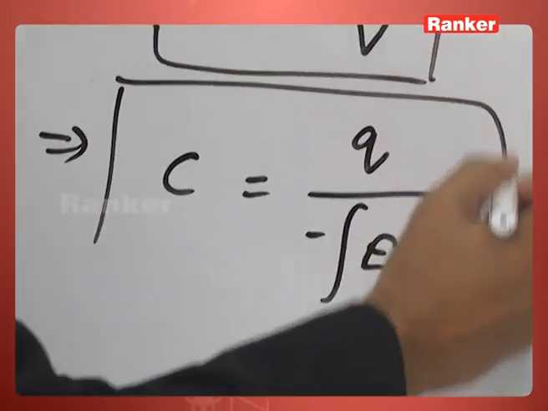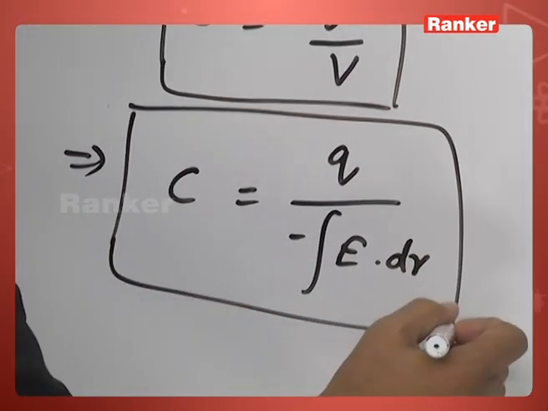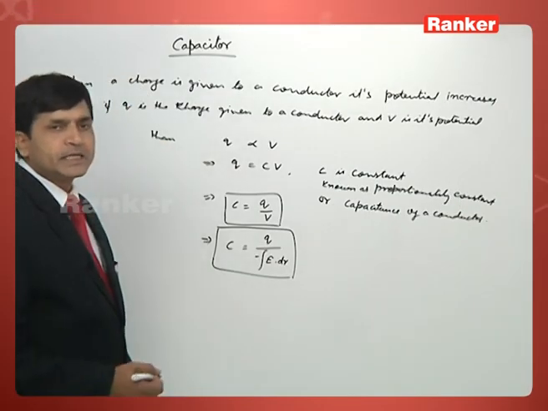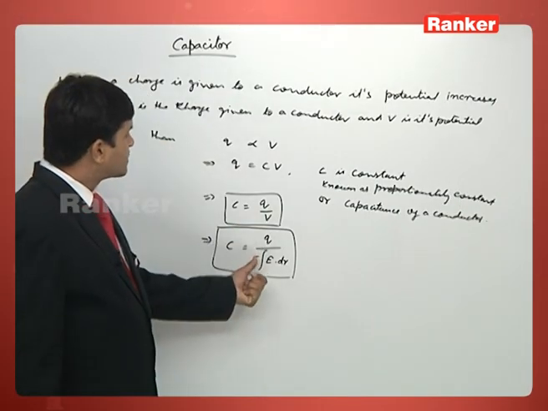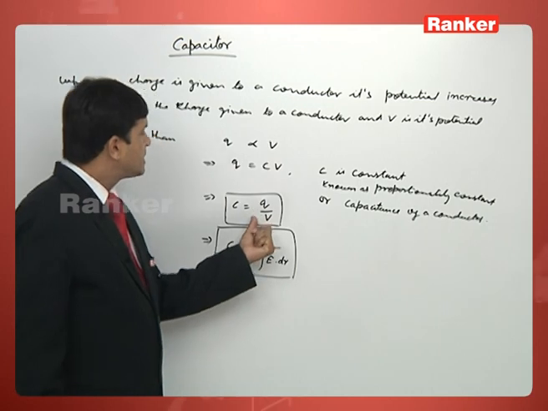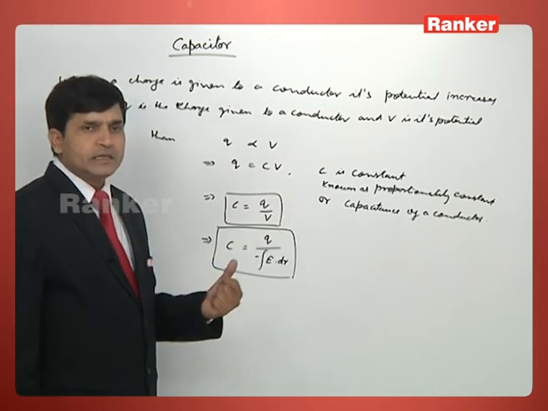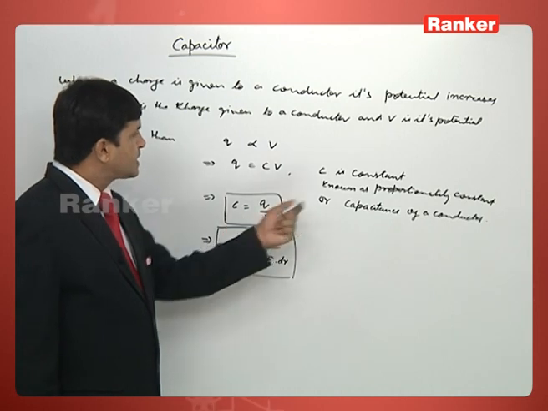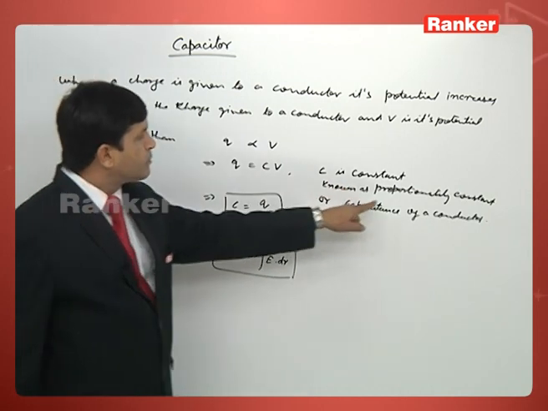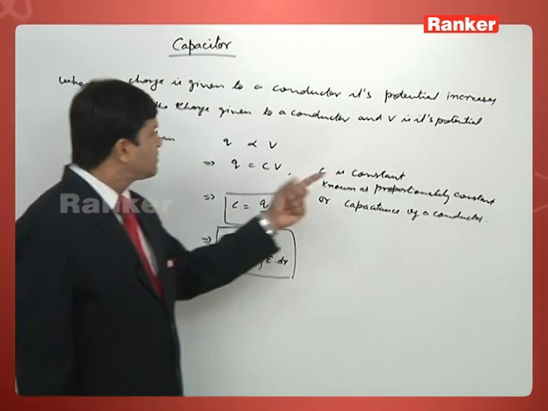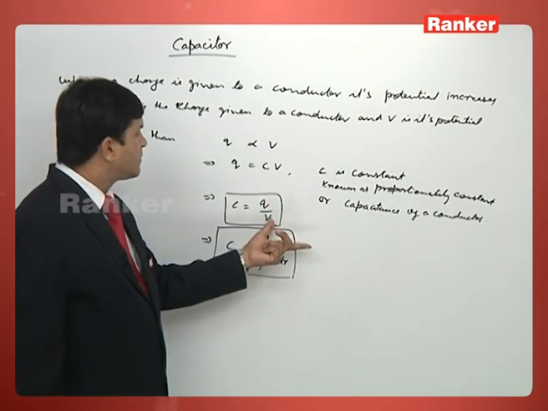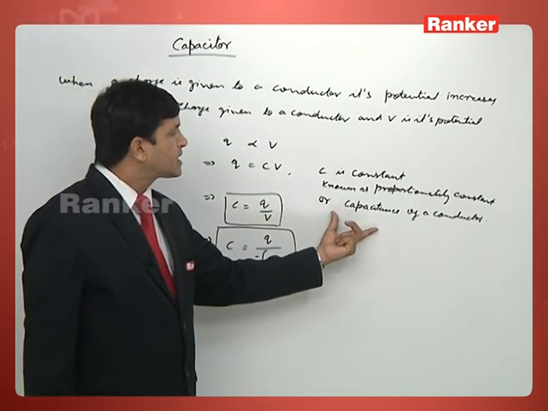So this is another way of representing the capacitance of a conductor. From this expression, we cannot say the capacitance depends on charge and potential. Actually, capacitance is, as written here, a proportionality constant. It means the ratio of charge to potential gives you the capacitance.